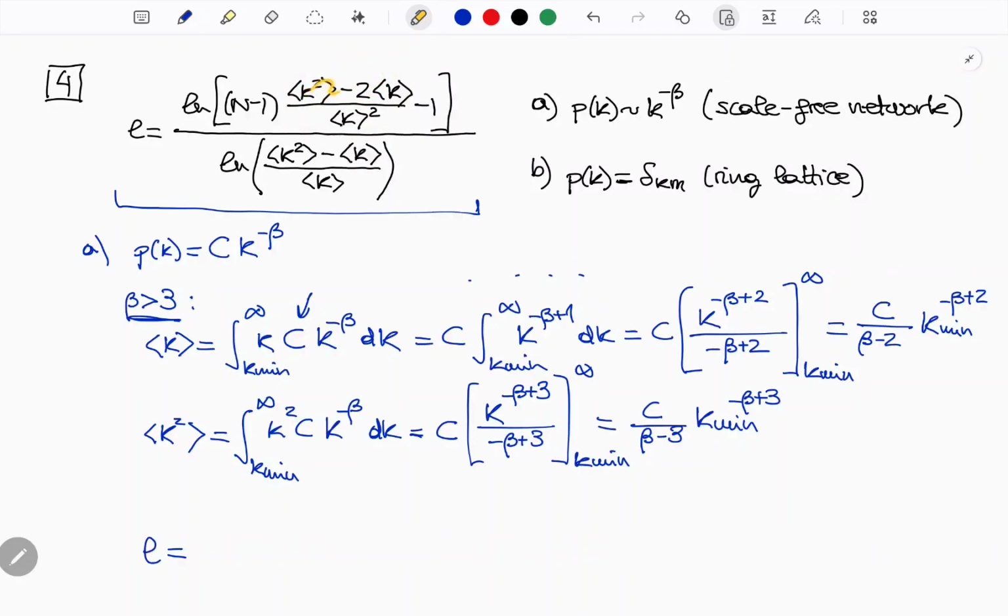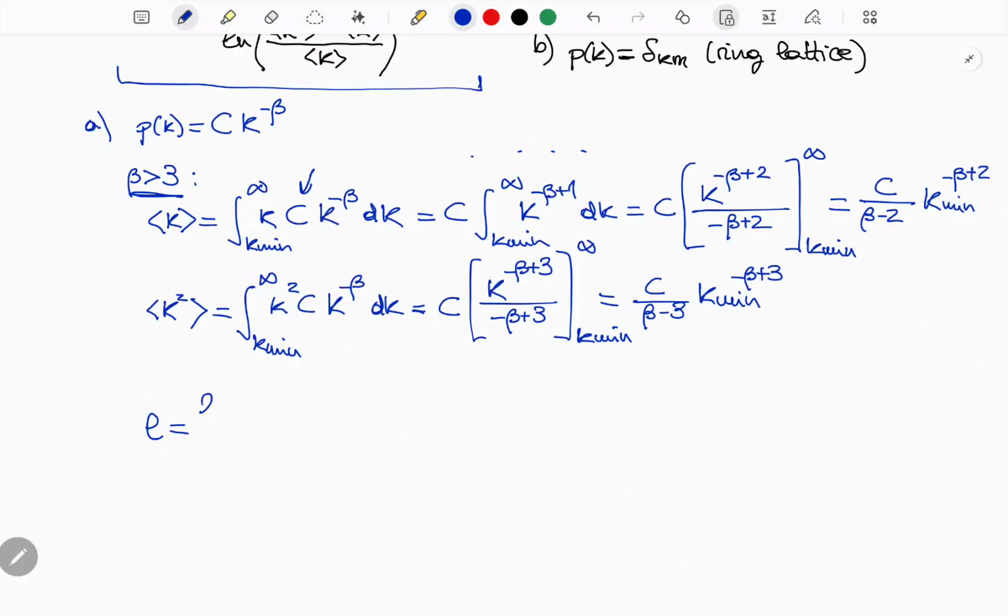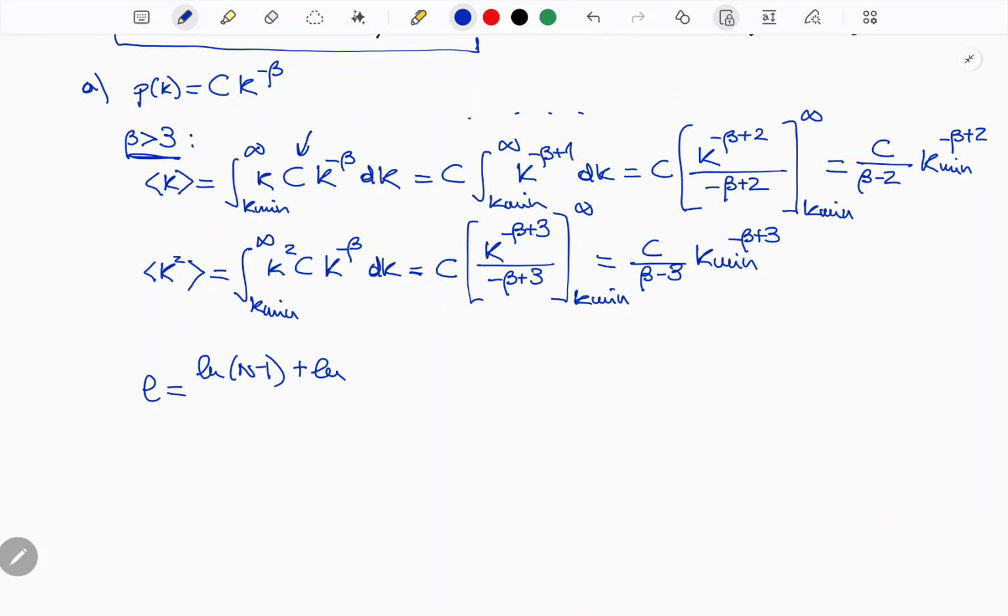Well, not neglect directly, because it's multiplying, but since I have the logarithm of the multiplication, this is going to be the addition of the logarithms. So this is going to be the logarithm of n minus 1 plus the logarithm of the other part. Remember that I'm interested here in the approximation.